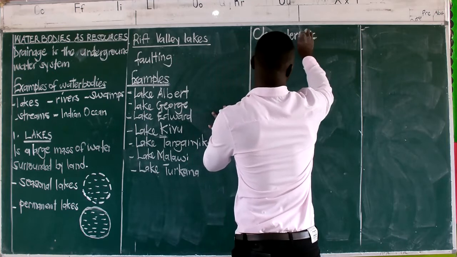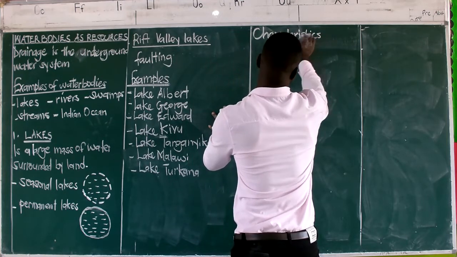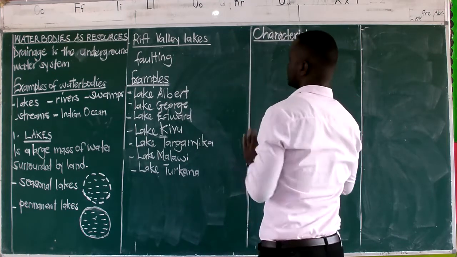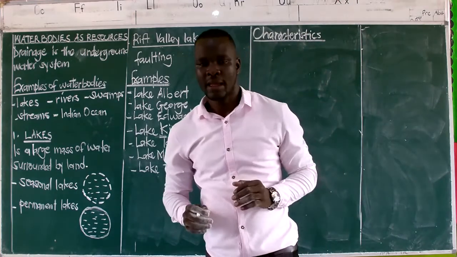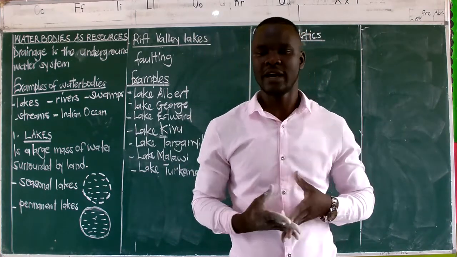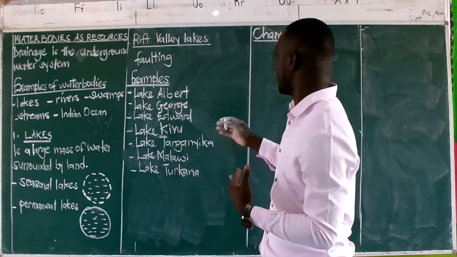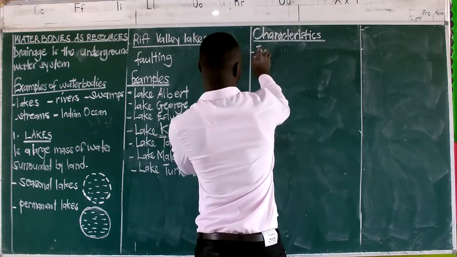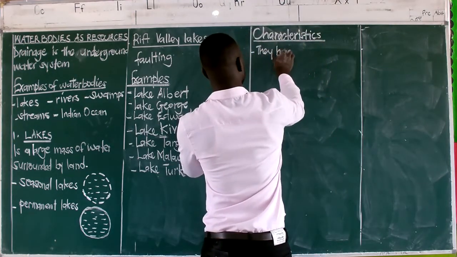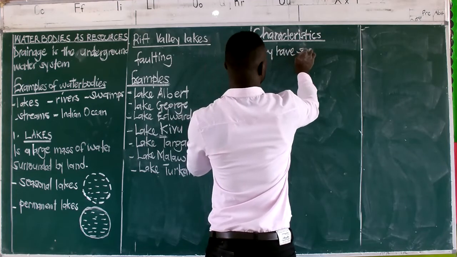Let us look at the characteristics of Rift Valley lakes. The first characteristic we are going to have is these lakes have got salty water.